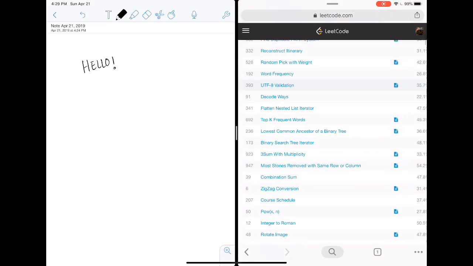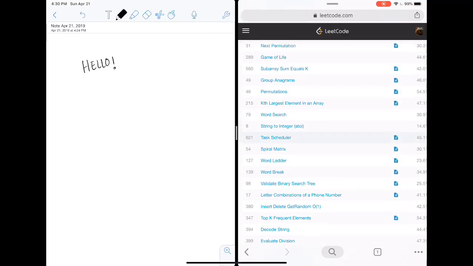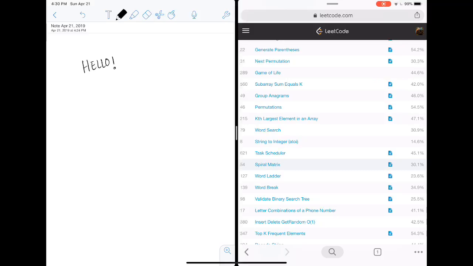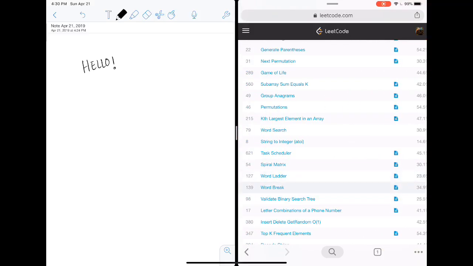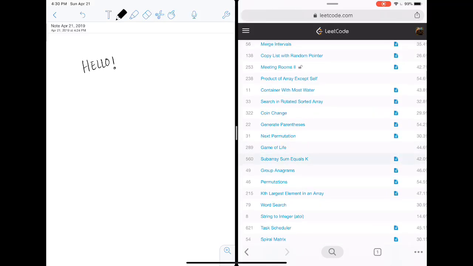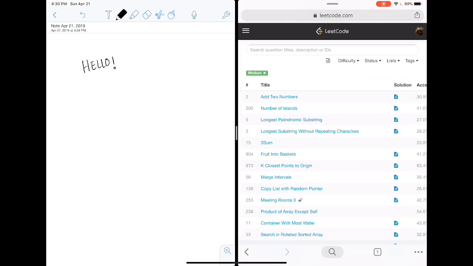So I will just, like the kth largest element in an array. I actually wonder how that's a medium. That doesn't sound too difficult, but I'll skip that because I've done k most frequent before.